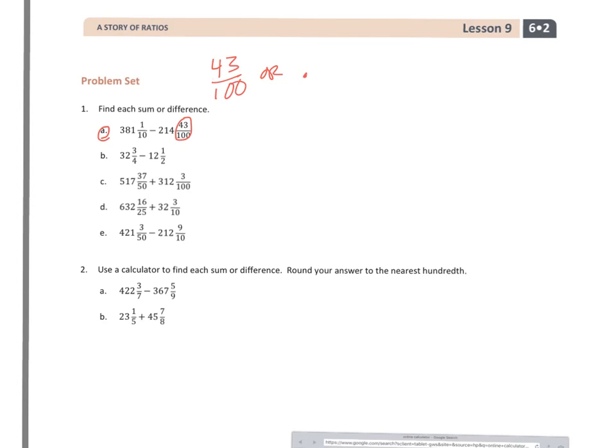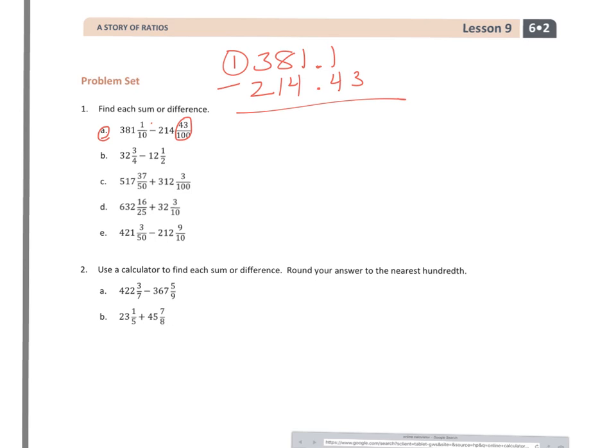When I say 43 hundredths, it could be a fraction or a decimal. So this one is going to lend very nicely to turning it to decimals, because I know when I do fractions, they have to have common denominators. So I'm going to do one off to the side, 381 and 1/10, and then we have 214 and 43 hundredths.